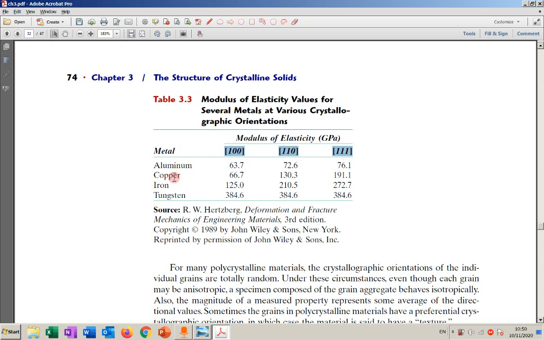So the same element having different material properties in different directions, we call anisotropy, and many materials are anisotropic.